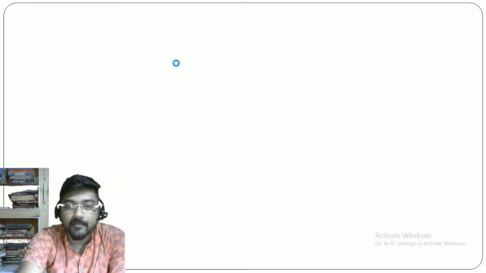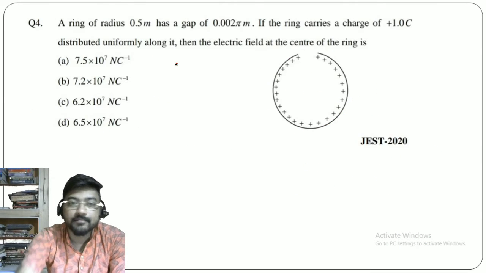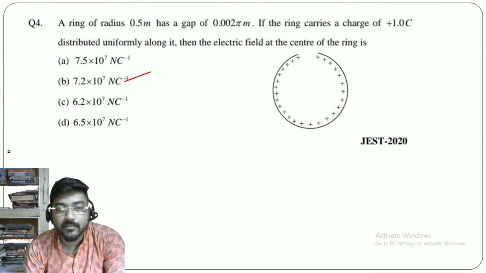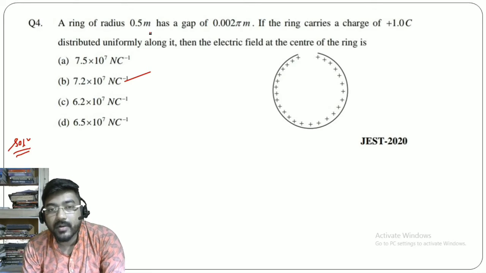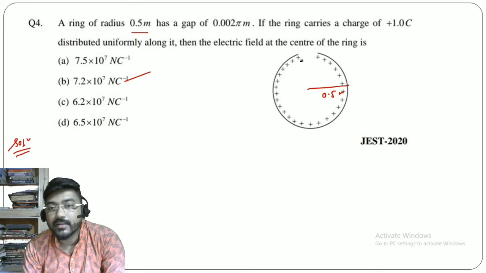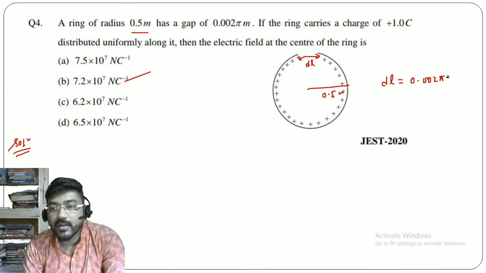Okay. So now let's move to the next question. This is question number 4. A ring of radius 0.5 meter is given. The radius of this ring is just 0.5 meter and has a gap of 0.002 pi, and let me take this gap as dl. dl is given here as 0.002 pi meter.